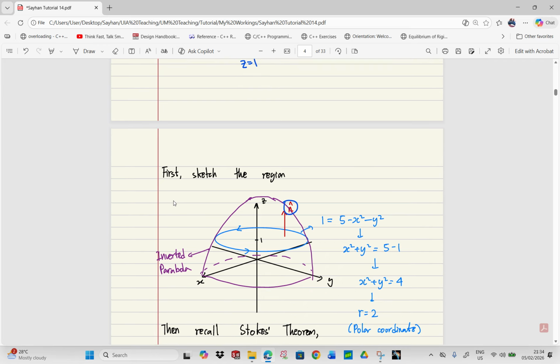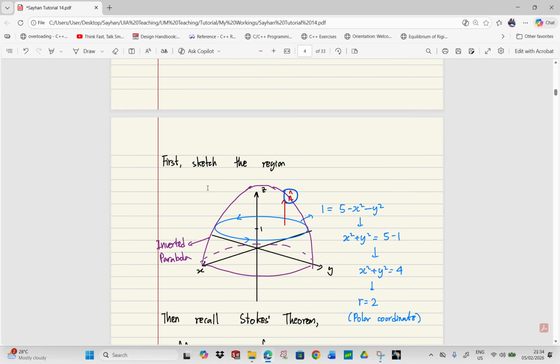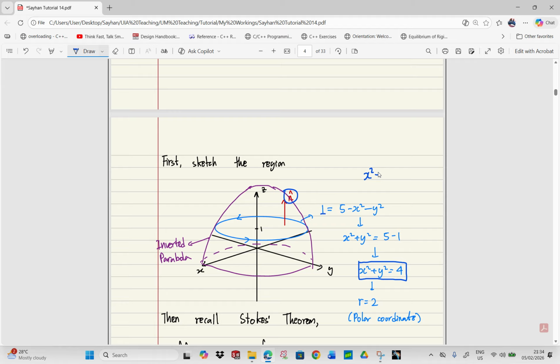So first we sketch. After we sketch, with z equals 1, we rearrange the equation, so our boundary is x squared plus y squared equals 4. Of course it's a simple circle equation, because x squared plus y squared equals r squared, so our r is obviously 2, the square root of 4.